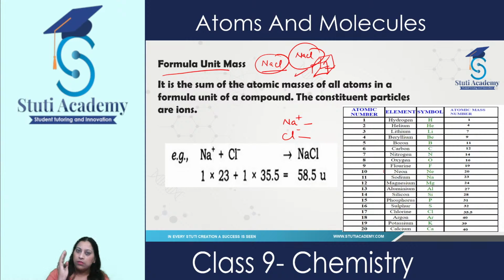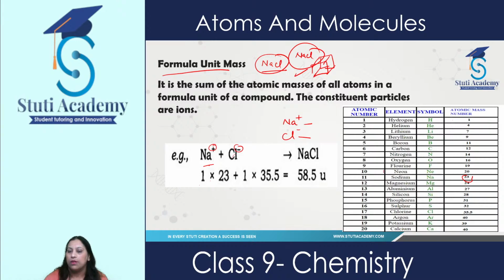And the method for writing formula unit mass is similar to that of the molecular mass. Here you can see NaCl, 1 into 23. It hardly matters whether it is positive or negative. Just look at the atomic mass of these elements. So it is sodium, we'll take it as sodium only. Sodium is 23 here.